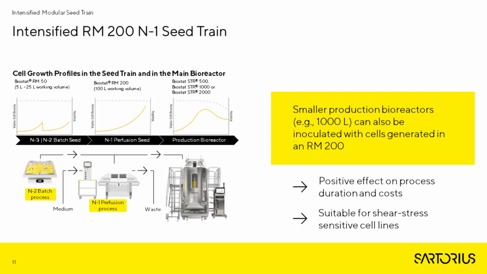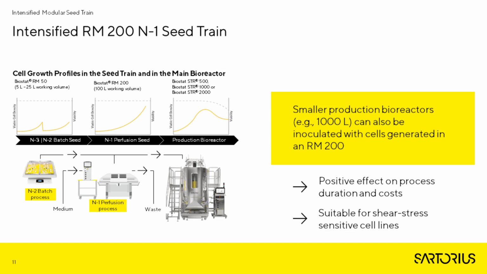Over here, we also offer another proposal where only the N-1 stage is used in perfusion mode, whereas the N-3 and N-2 stages can still be used in the batch scenario. With intensification of even one step of the C-Train, we can already see a positive effect on the process duration and overall costs that are associated with the C-Train.